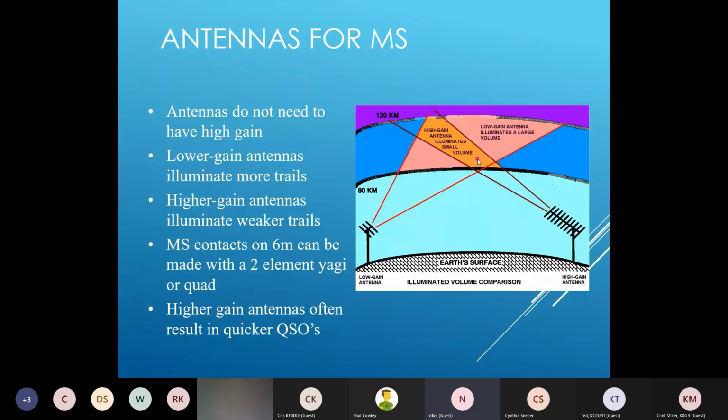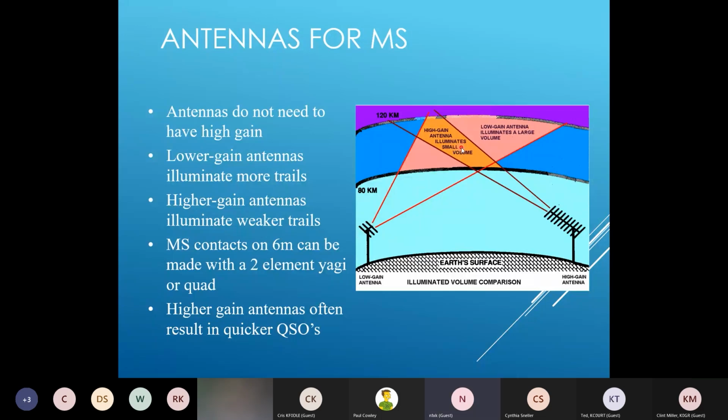Downside is you have smaller effective radiated power, so the signal that you get off of them is going to be a little less. With a better gain antenna, okay, you've got a smaller beam width, higher effective radiated power, which means your signal is going to be greater going to the other guy.